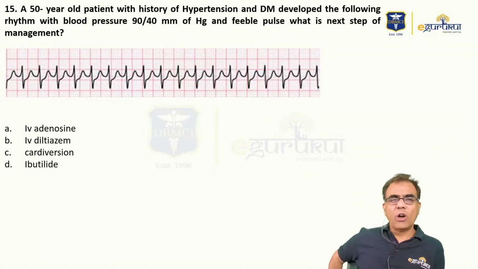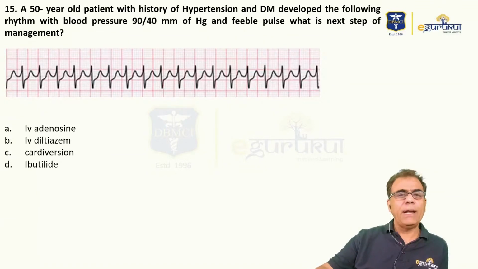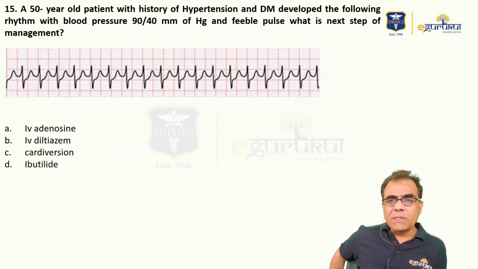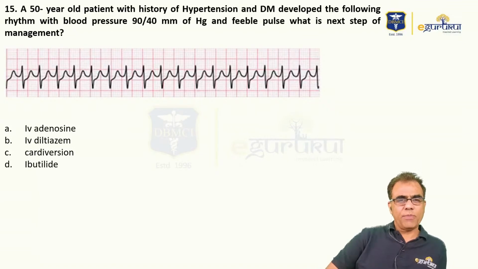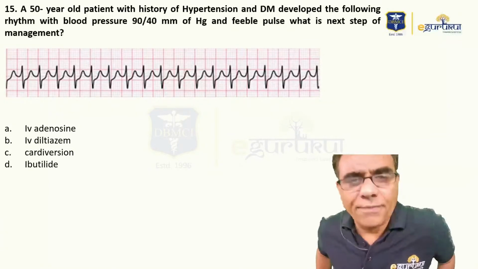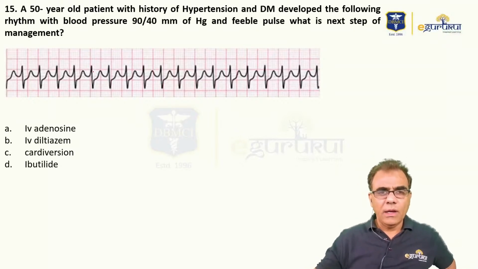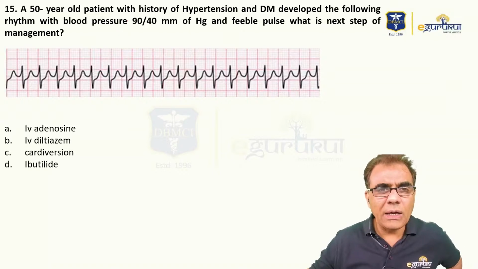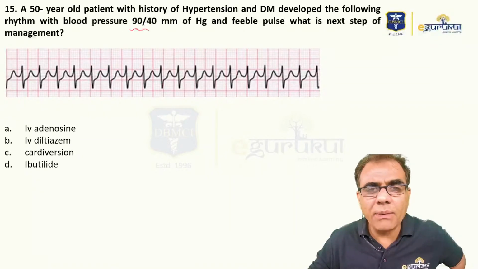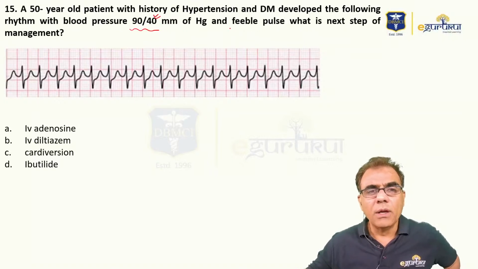A 50-year-old patient with history of hypertension and diabetes developed the following rhythm with BP 90 over 40, and feeble pulse. What is the next step of management? IV adenosine, IV diltiazem, cardioversion, ibutilide. See, this is PSVT but leading to hemodynamic instability, meaning BP is low and pulse is feeble, so the patient is hemodynamically unstable.